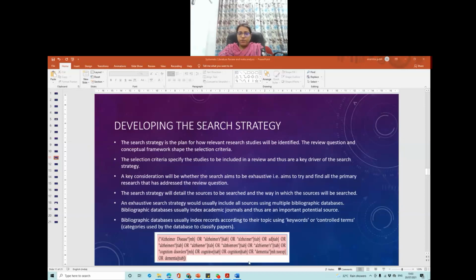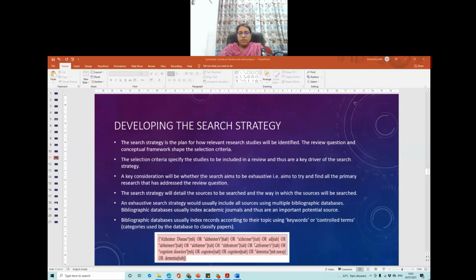This is the type of search string which we are going to use in a particular systematic review. The OR in capitals means that the indexing of the paper might be with Alzheimer disease, or it may be only Alzheimer's or only Alzheimer. These are different terms for the same disease, but any of these might be present in that particular study. So we have to consider all these, combining them with the Boolean term OR.